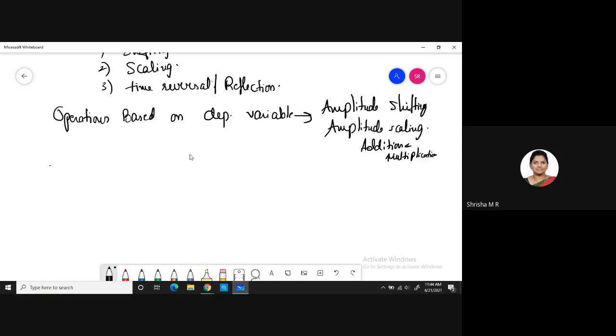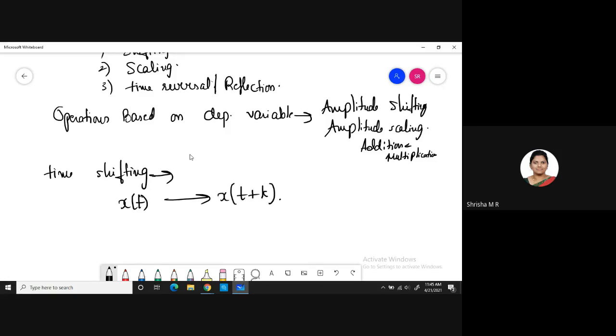So we shall see time shifting. What is time shifting? In the case of time shifting, we add a constant k to time t. So if x of t is my original signal, I'll time shift it by x of t plus k.